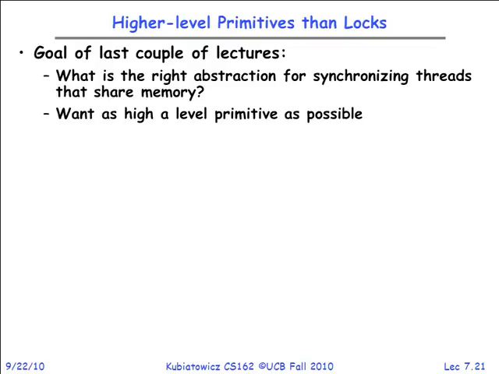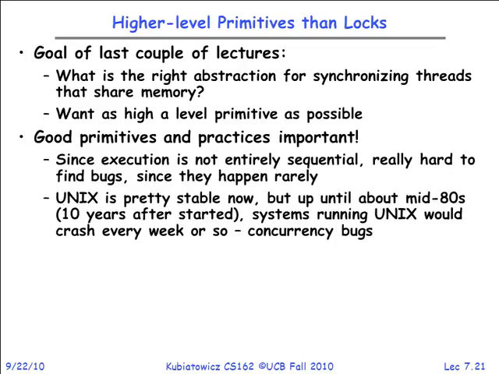For instance, locks don't give you a clean way to handle a situation where you have to keep checking over and over again for some condition. They certainly don't give you a way to signal somebody to wake up later, which you really probably want in a lot of circumstances. So we really want good primitives, and we're going to try to move beyond the lock.